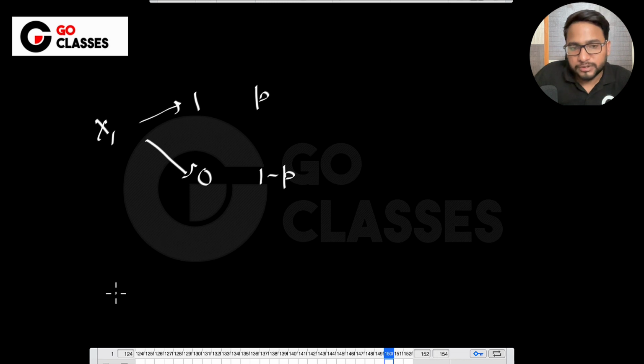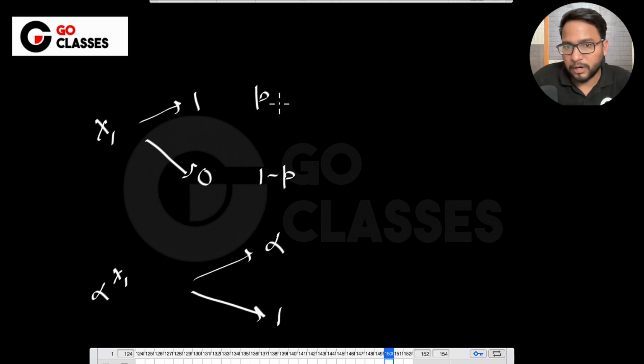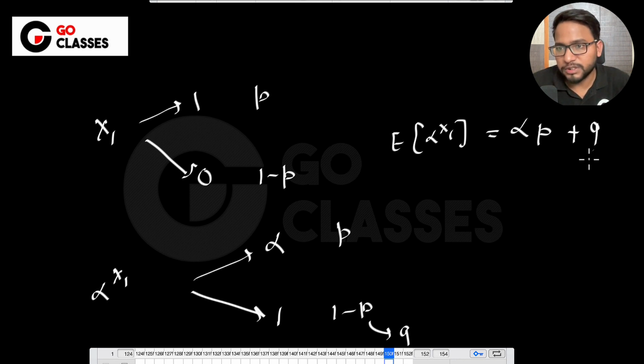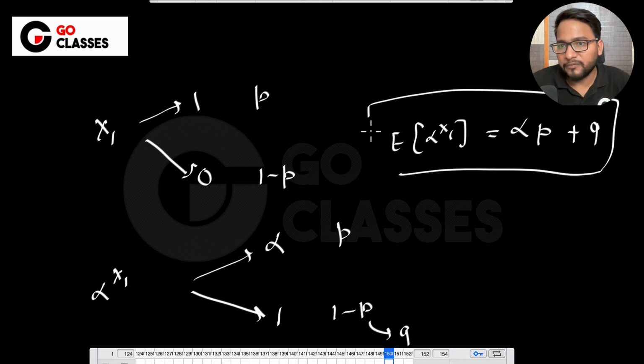Similarly, alpha power X1 can take the value alpha or 1. When X1 is 1, it will be taking the value alpha with the probability p, or 1 with the probability 1 minus p. Let's suppose this quantity is q. So the expectation of alpha power X1 will be alpha into p plus 1 into q, which is q. So the expectation of alpha power X1 is alpha p plus q.